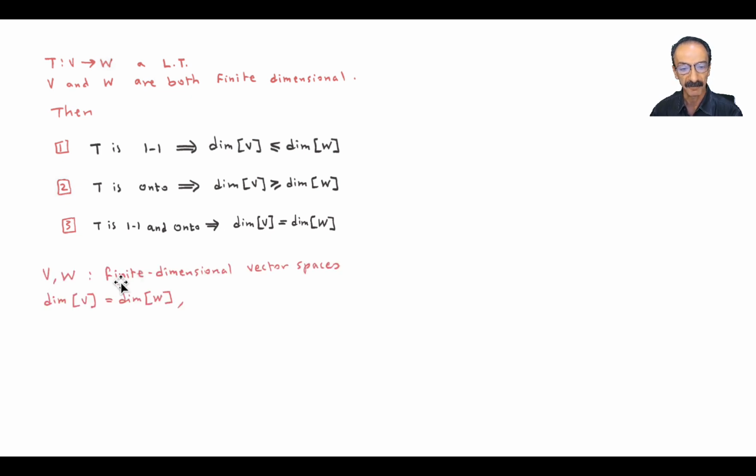Anyway, here's another one. V and W are finite dimensional vector spaces. Given also that the dimension of V is the same as the dimension of W, then T is 1 to 1 if and only if T is onto. This is like part 3 going backwards.